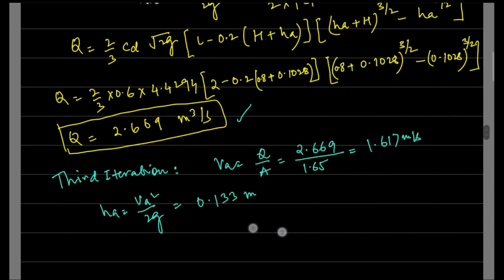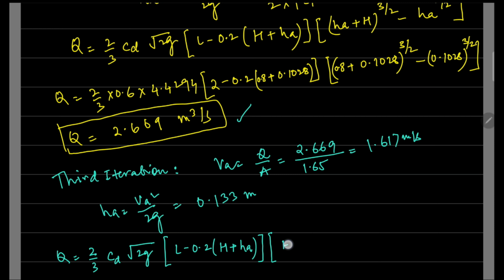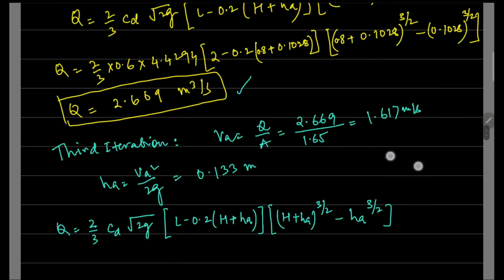So this Q expression will again be Q is equal to 2 by 3 Cd multiplied by root 2g, and then in bracket L minus 0.2 times (H plus HA), the HA value we got over here, and then (H plus HA) raised to the power 3 by 2 minus HA raised to the power 3 by 2. So now let's quickly put all the values.